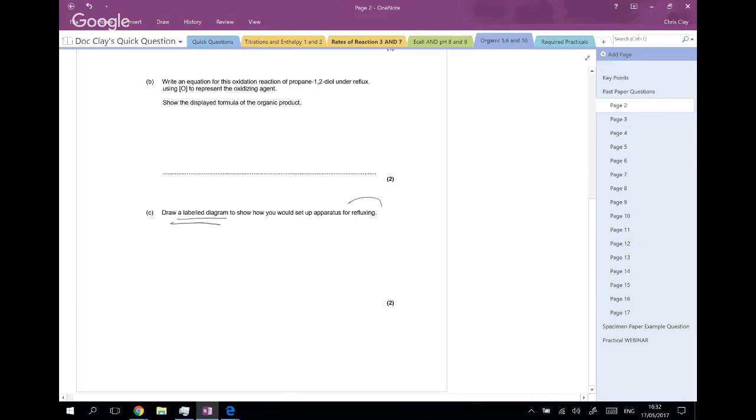In this question, they're asking for refluxing, but make sure you can also draw them for distillation, and for things like Buchner funnel and filtration. These are common things that they expect you to be able to draw and explain why they work.